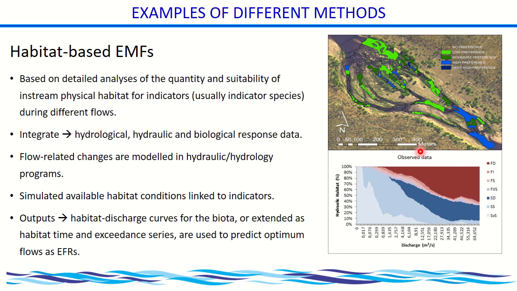What habitat-based environmental flow assessments do is they are based on detailed analyses of the quantity and suitability of in-stream physical habitat characteristics for different types of species. So now I'm going to consider the substrates, how the substrates can move, and the overhanging vegetation. I'm also going to consider the hydraulic biotopes: fast, deep, fast, shallow, if there's fast flows or slow flows, if it's deep or shallow, for example.